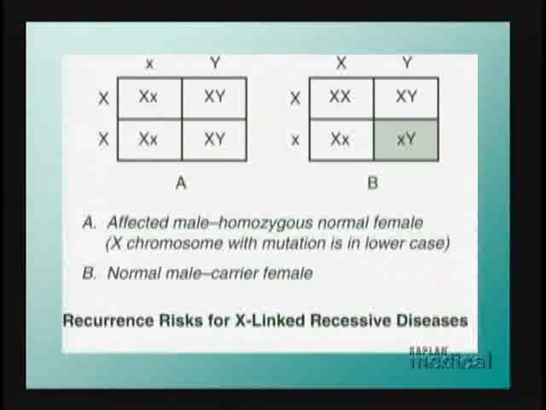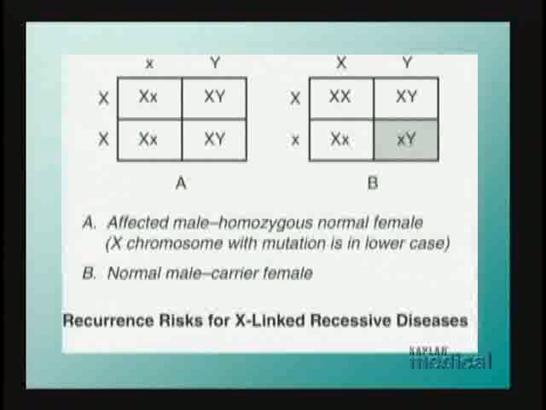On the left side of your screen then is the Punnett square representing the results from a mating with couple A. Couple A was the one in which the father is affected by this disease, the mother is homozygous normal, and by looking at that Punnett square, you should be able to determine that all of the sons of such a couple will be completely normal.